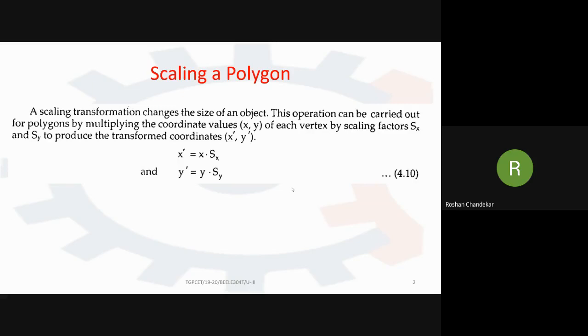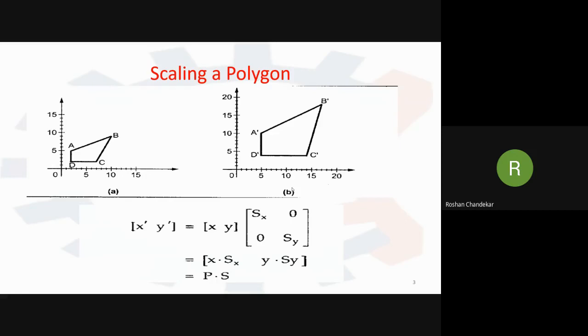For this, we will discuss an example. Figure A is the polygon before scaling, and figure B is the polygon after scaling.